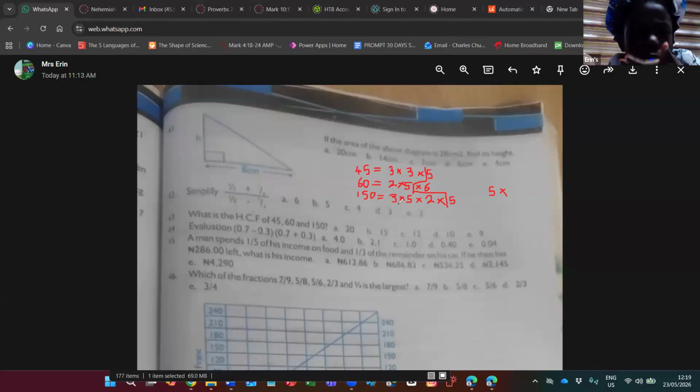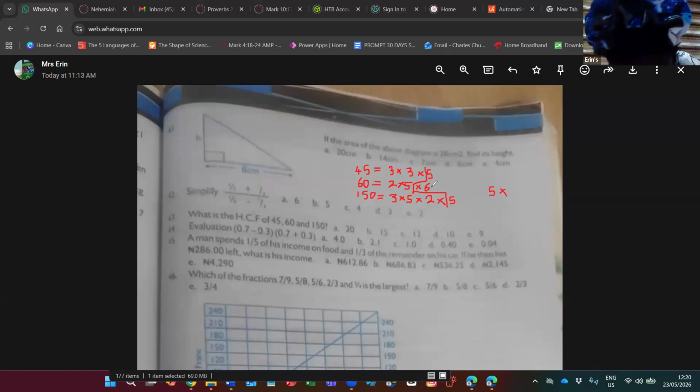Here we go. We now start looking for the common factors. I can see 5 here, here, and here. So I'm going to take 5. What else is common? Yes, 3. It's even here, because there's a 3 hidden inside this 6.